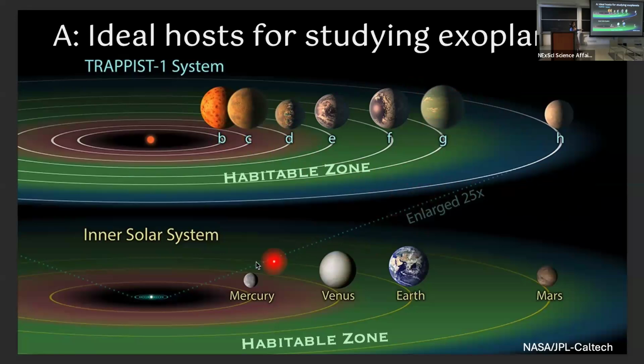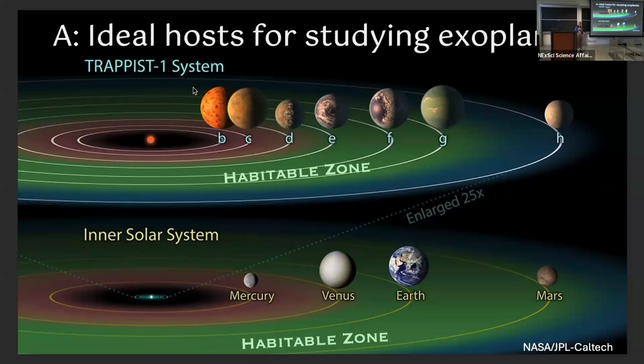But when you compare that to our solar system, all those planets, habitable zone or not, would be well within the orbit of Mercury. Because TRAPPIST-1 is so faint, the habitable zone is really close to the star, and so this entire system works on a much smaller length scale than our solar system.